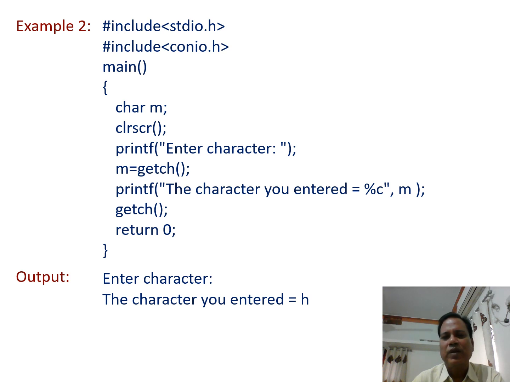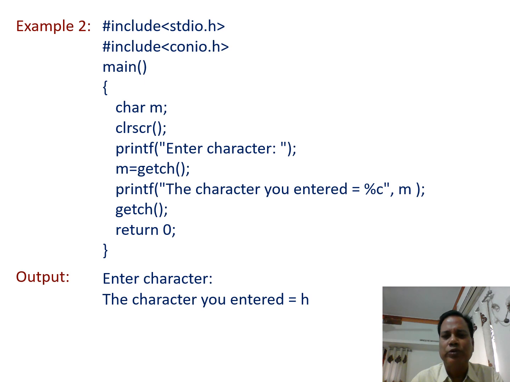So with this function used to get the character, the character is not echoed on the screen, and the next getch function holds the output screen. In this way, when this program is run, we get the output of this nature.